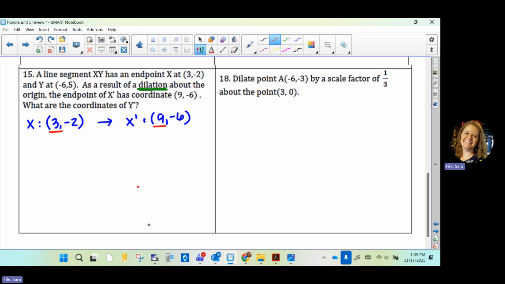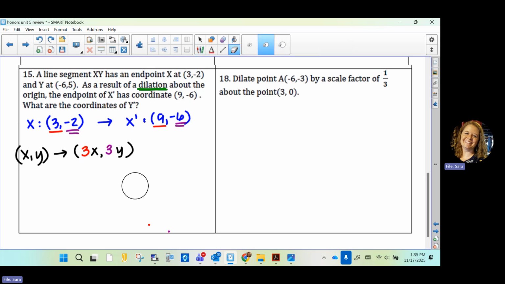Okay, so 3 is being multiplied by 3, the x gets multiplied by 3. What about the y? Also multiplied by 3. So this one had the same scale factor for both the x and the y.